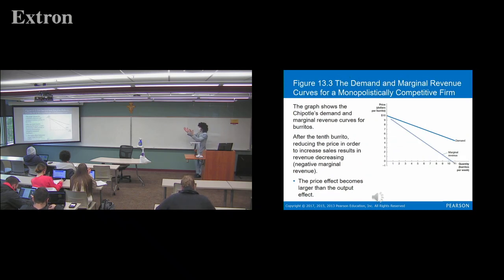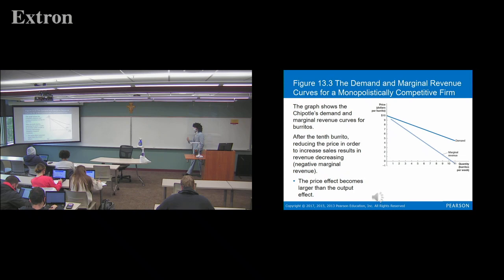Here we see the same exact thing we saw for a monopolist. We've got the marginal revenue curve below the demand curve, again, because of that trade-off. And in this case, after the 10th burrito, when Chipotle lowers their price a little bit further, it's going to result in the revenue decreasing. So we have negative marginal revenue. Initially, the output effect was larger than the price effect because we're seeing this increasing revenue.